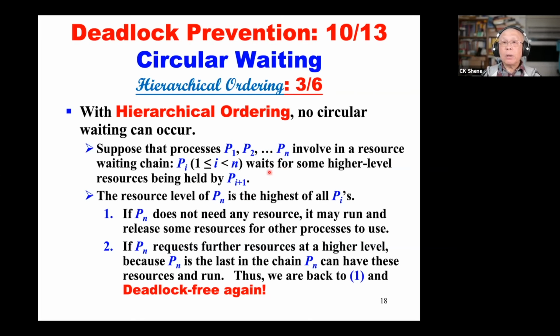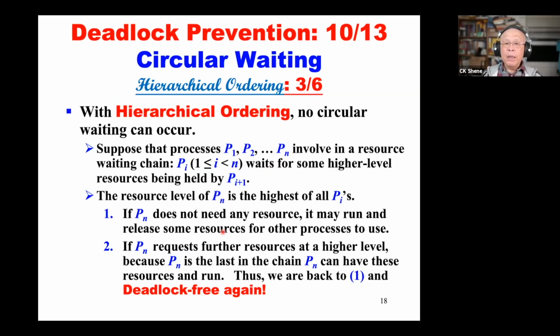Because it's hierarchical ordering, the level would only go up. So the resource level being owned by Pn is the highest of all. Remember this. So now, Pn has the highest level resource currently.